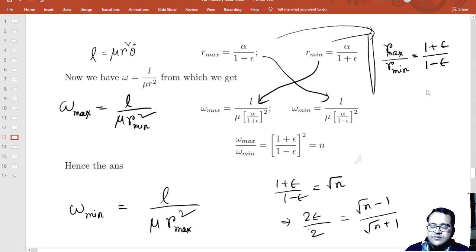This will be required anytime. So just these results will be needed. We will need always perigee apogee. From perigee apogee given ratios, we directly calculate the eccentricity, and from there we go to the energy and angular momentum. So these are the tricky results.